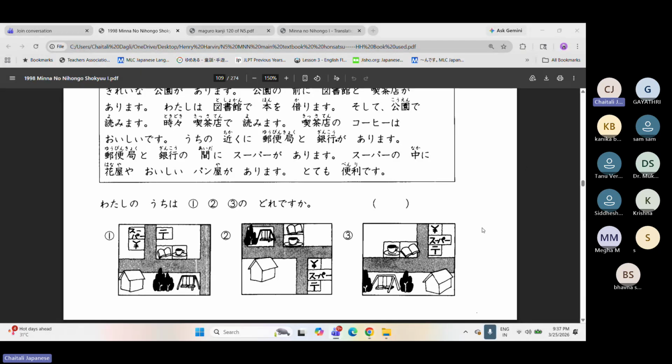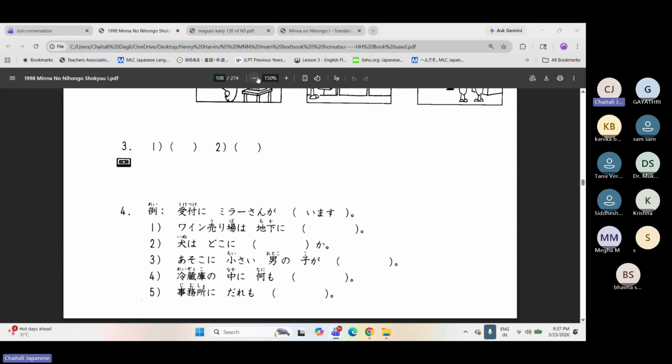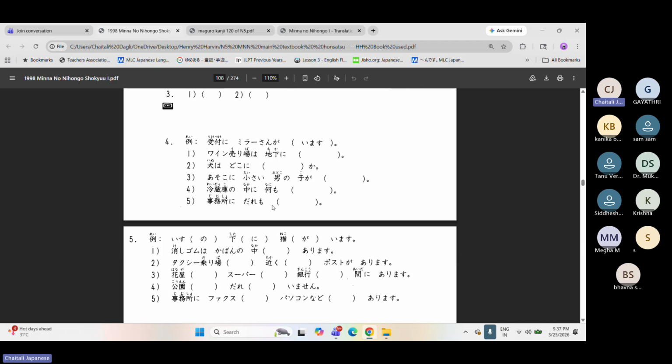Okay, let us discuss the first one. Question fourth first. Just tell me the answers. Arimas. Very good. Next. It is imas, no? क्योंकि इनु है.